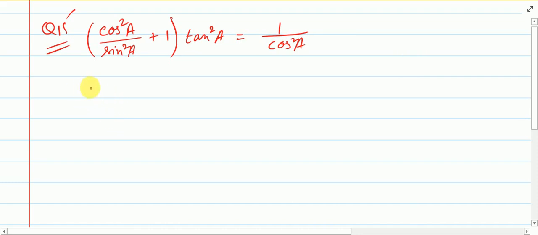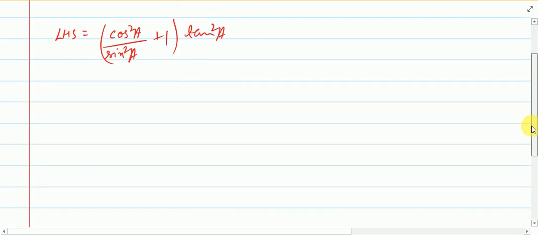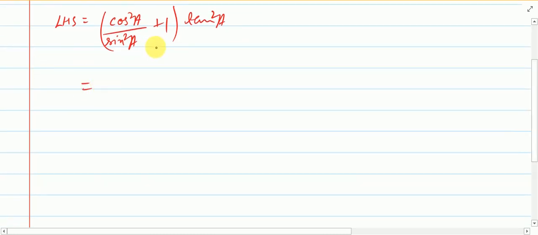Okay, so here your left hand side is equal to cos square a upon sin square a plus 1 and tan square a. Now here we have 1, yes, so 1 upon 1 actually. So take LCM, and here you have to simply cross multiply.